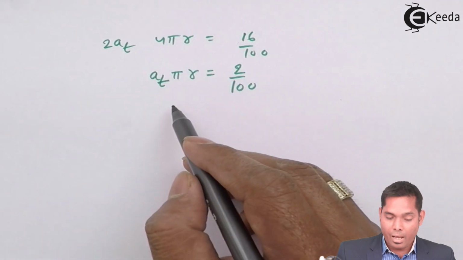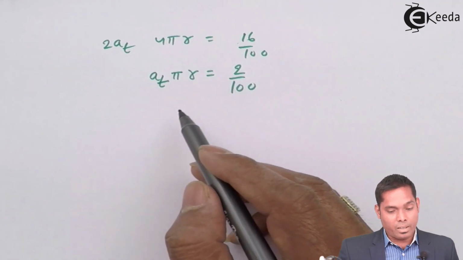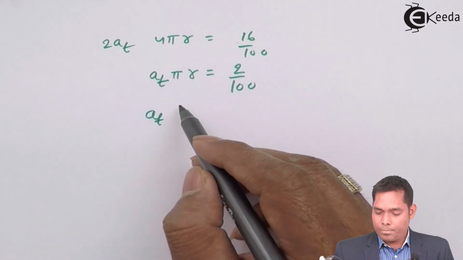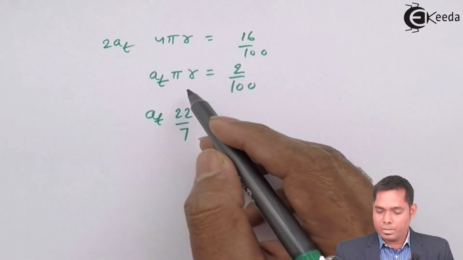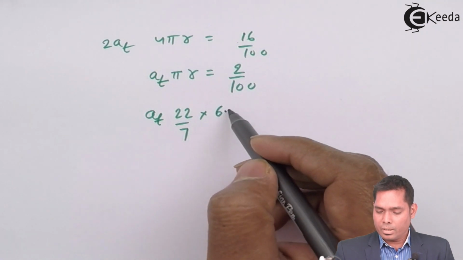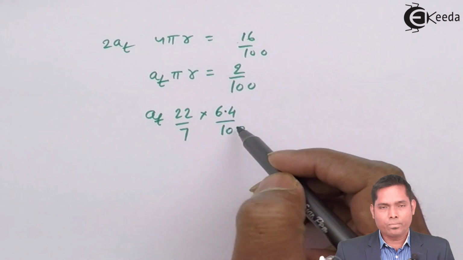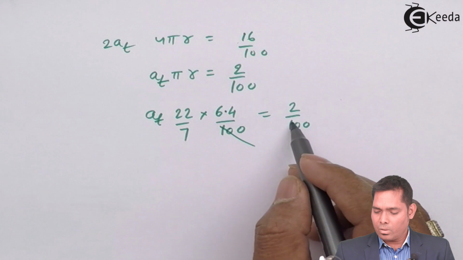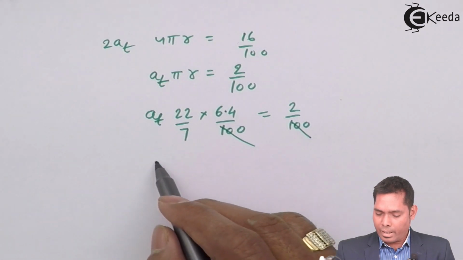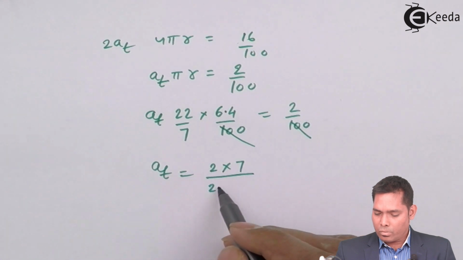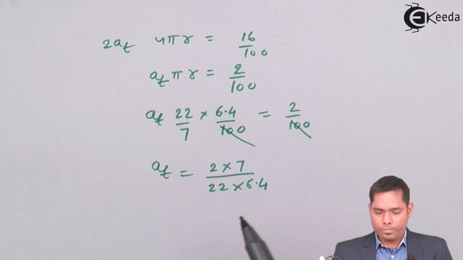The radius is given as 6.4 centimeter. So I write 22 over 7 because this is pi, and the radius is 6.4 divided by 100, that is meter. This will cancel out, and a tangential will become 2 into 7 divided by 22 into 6.4.